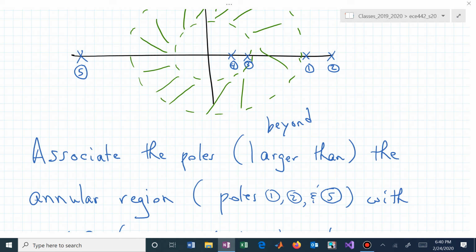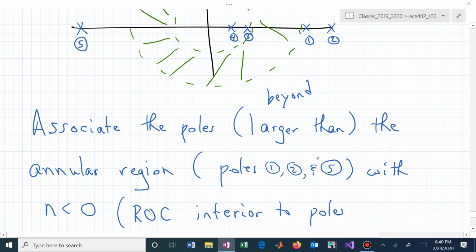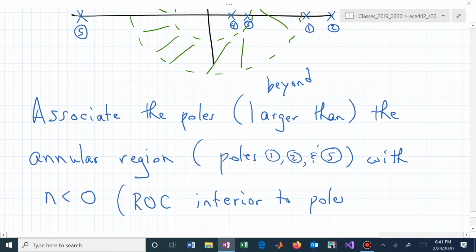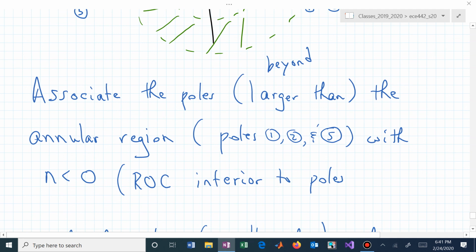It's now determined by radius away from z equals 0. So we now have poles 1, 2, and 5. That now corresponds to what? The region of convergence is inside them. That's where we were able to conclude negative indices, little n being negative. Or the region of convergence is interior to poles 1, 2, and 5.